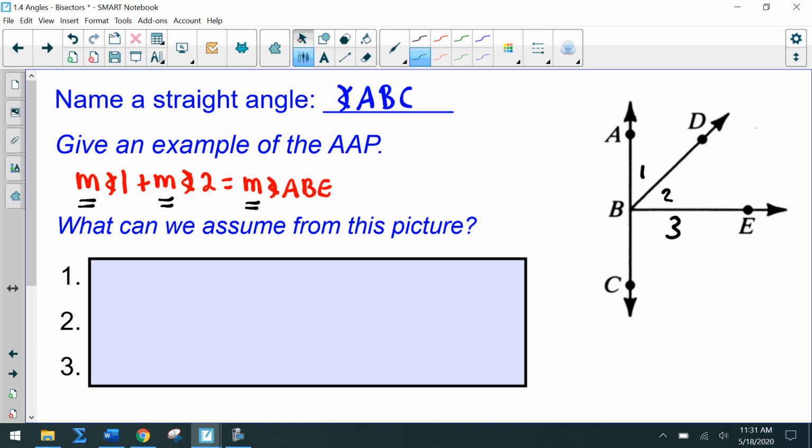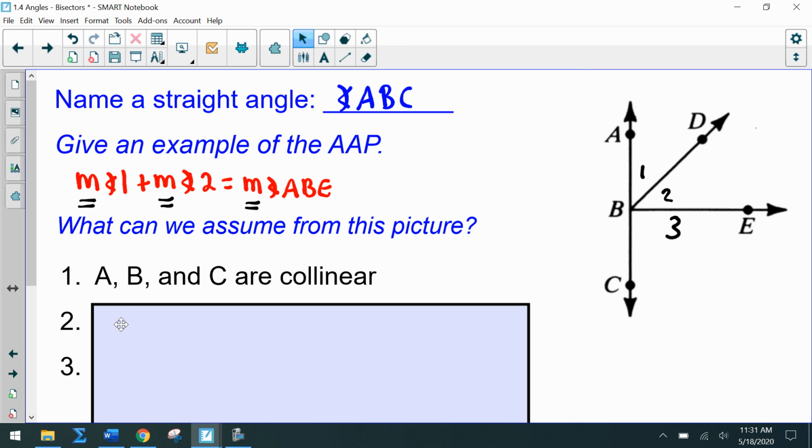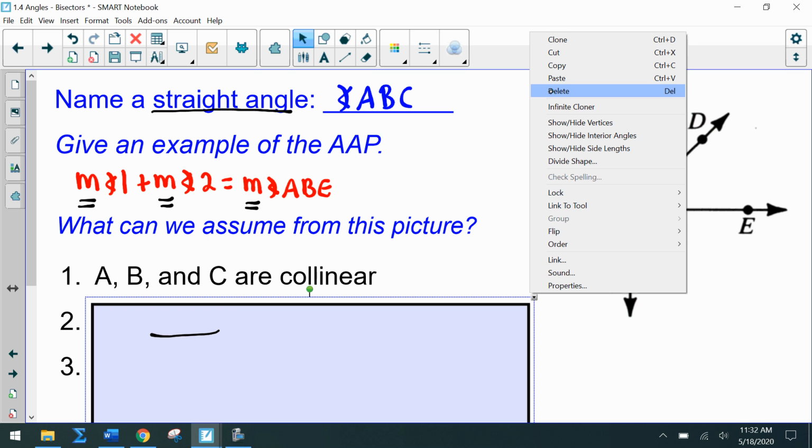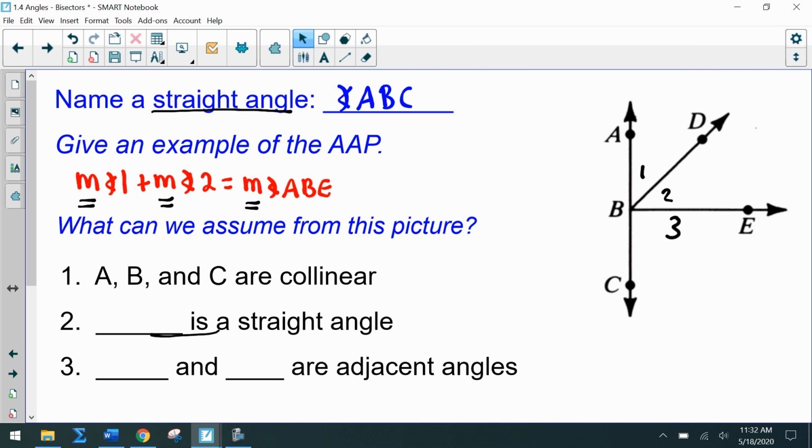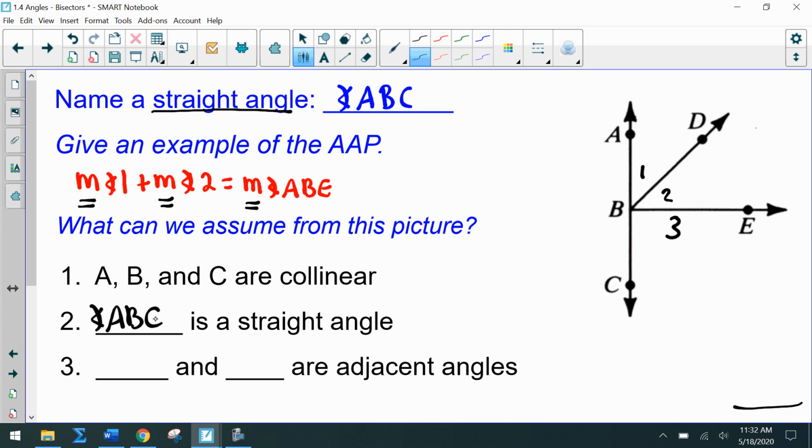All right, there are certain things that we can assume from this picture. The first thing, we can assume that A, B, and C are collinear. Notice how we had the straight angle. And we can also say that angle ABC is a straight angle.